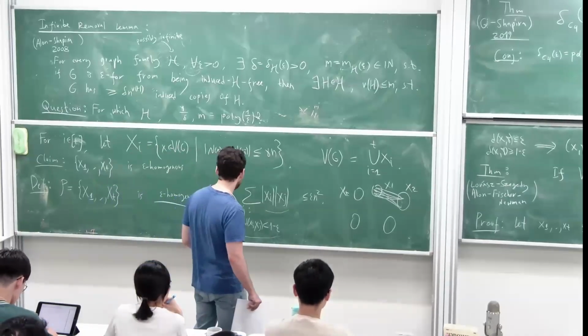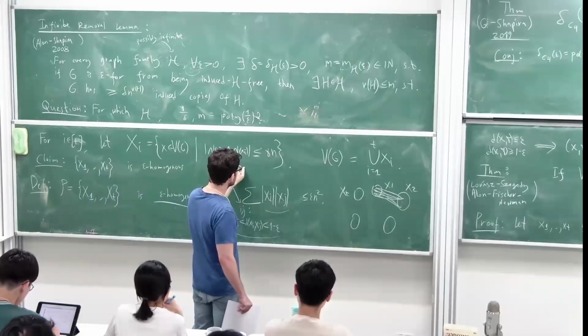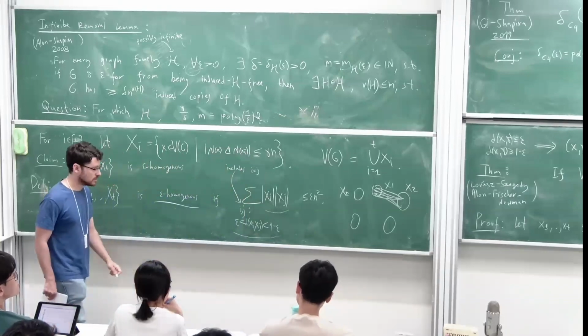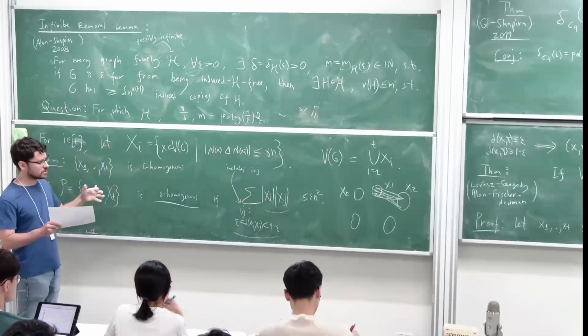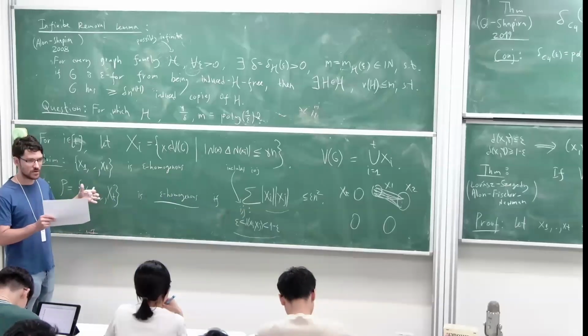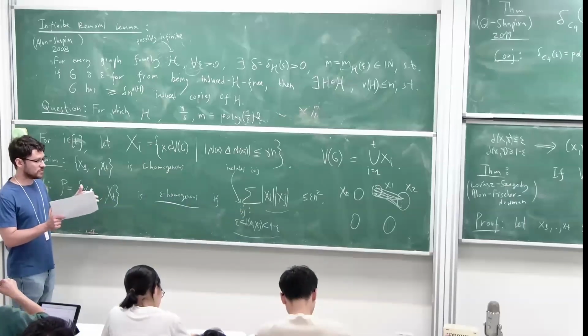And another thing I want to stress is that this includes the case i equals j. So we allow i equals j in this sum. Because you can imagine that one of the parts Xi maybe is very large, maybe it's half of the vertices, and so we need to have control over what happens there.